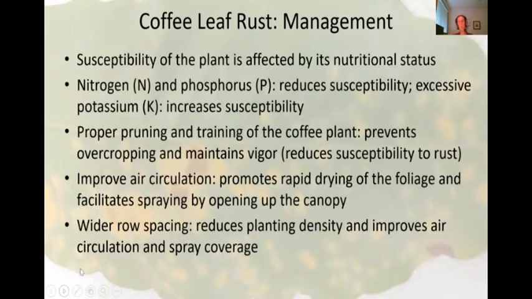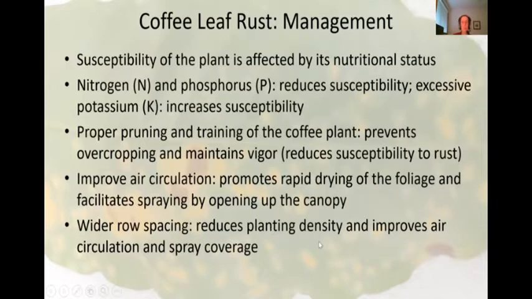But as far as nutritional status, the susceptibility of the plant can be affected: nitrogen makes it more susceptible, phosphorus actually reduces the susceptibility, and excessive potassium can increase susceptibility.